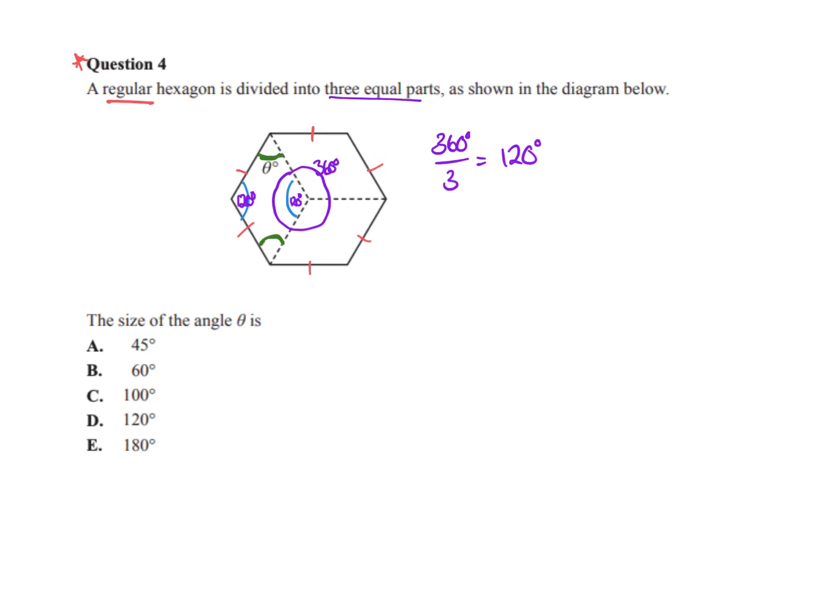And we've still got 120 left, because remembering a rhombus is a 4-sided shape, which would have to add up to 360. So if this one's 120, this is 120, these ones are going to be the same size, so they'll have to be 60. So we can work that out. Okay, so that's that one.